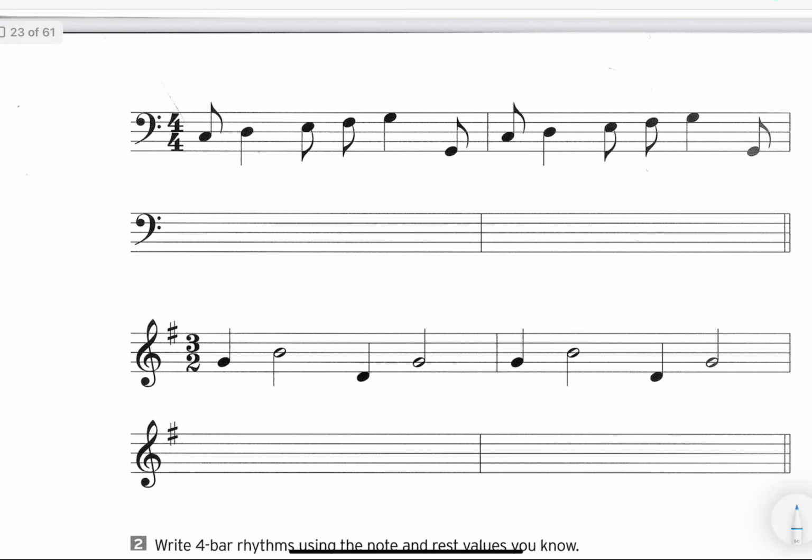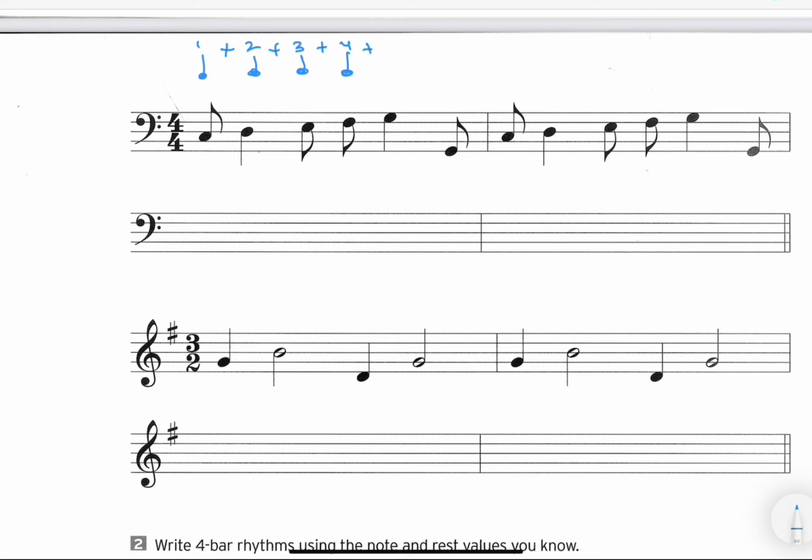Now here the time signature is 4 4. So that means there should have been 4 quarter notes, right? 1, 2, 3, and 4. Now how we count them, we should have written them like 1 and 2 and 3 and 4 and.